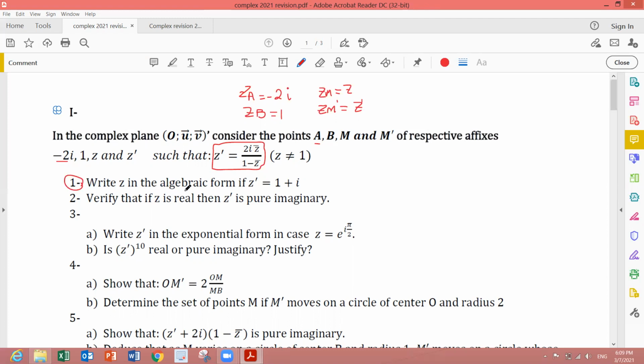Part 1. Write Z in the algebraic form in case Z prime equals 1 plus i.